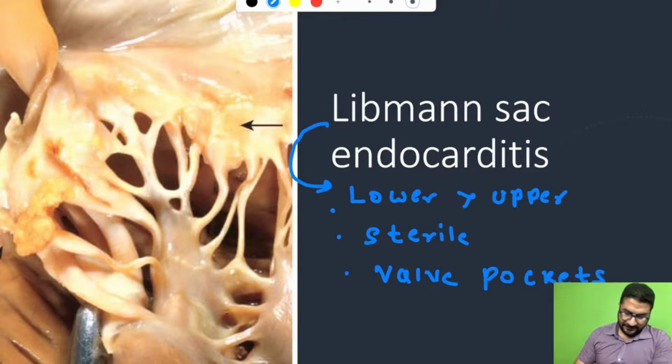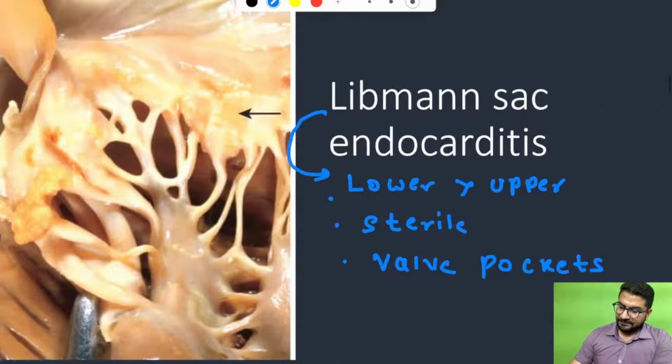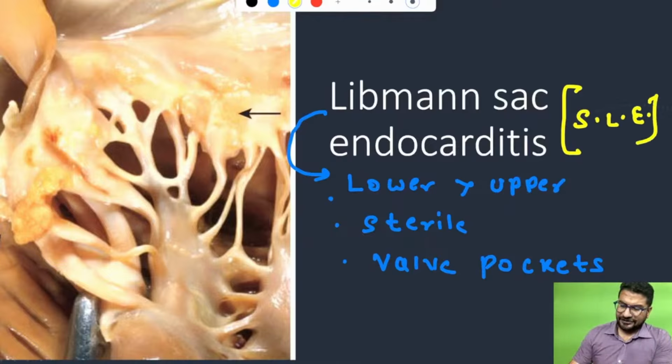It is not infective, Rishabh. Where will Libman-Sacks be? Libman-Sacks endocarditis you will see in SLE. In infective endocarditis, vegetations you will see on the upper surface, right? So you will see vegetation on valve pockets and these vegetations are sterile.